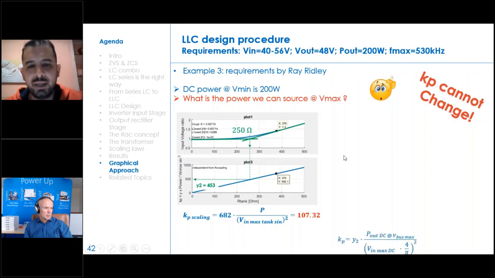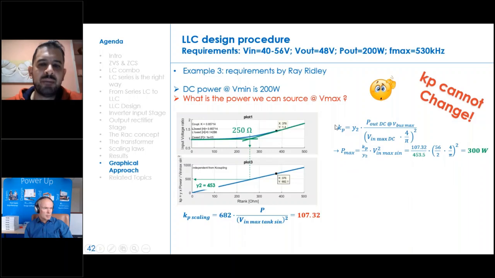Now you say, okay, and then it is easy because the KP factor cannot change. The DC power cannot change. This value here cannot change. The only value that can change is epsilon 2. That is this value here. So you get 300 watts.